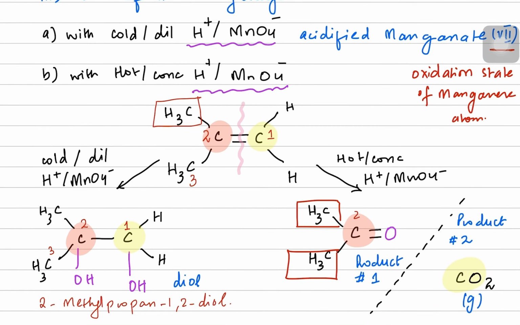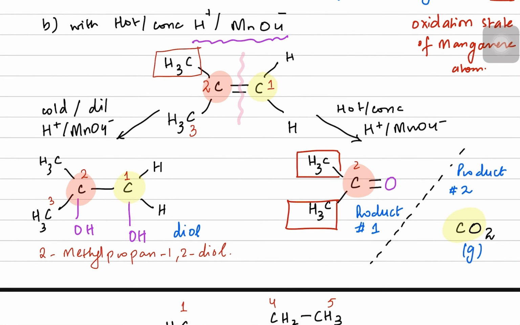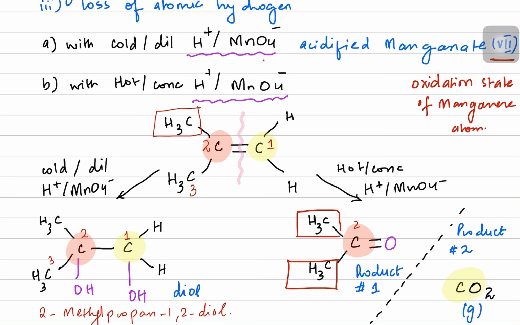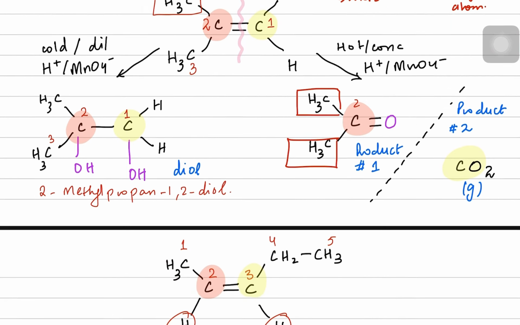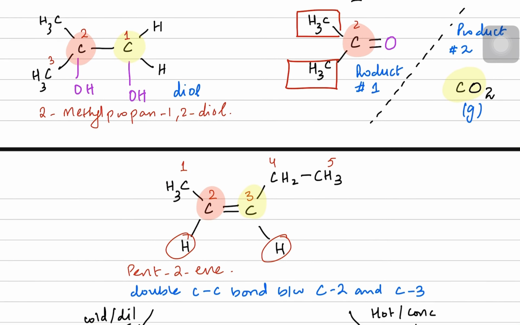We said that the cold dilute manganate will only break the pi bond and attaches OH groups. The hot concentrated breaks sigma, pi, both bonds, so the carbon-carbon bond cleavage happens and you get normally two products. Why am I saying normally? Because we'll do some examples which are more tricky.